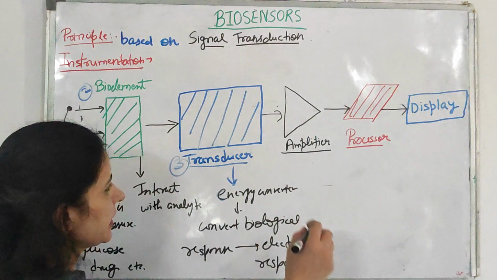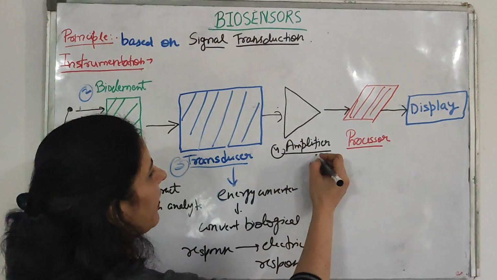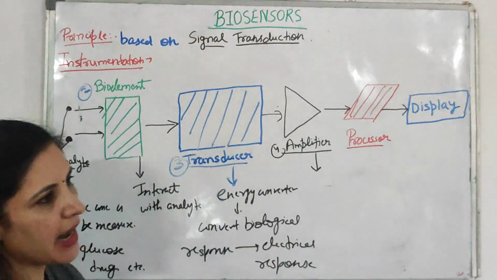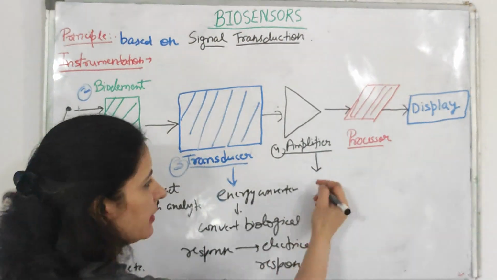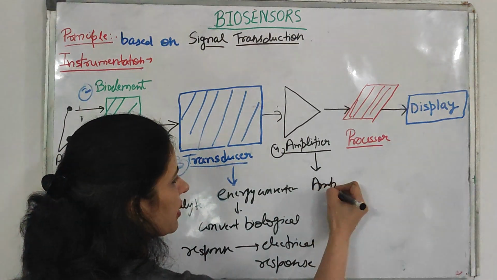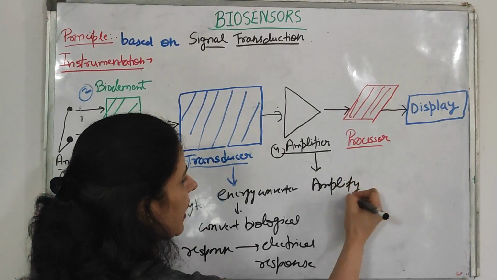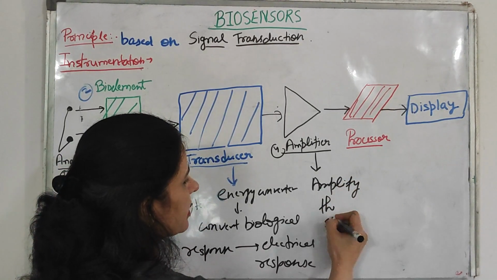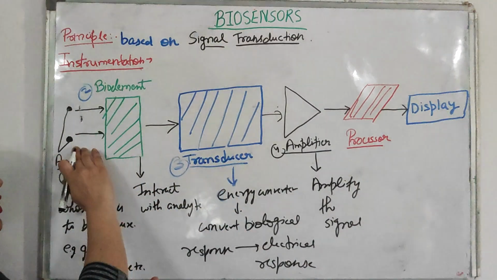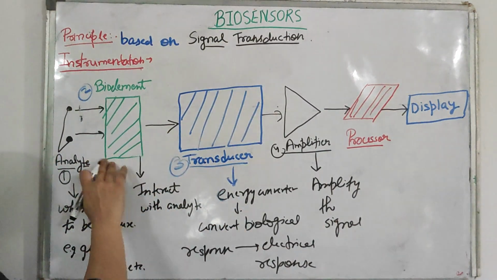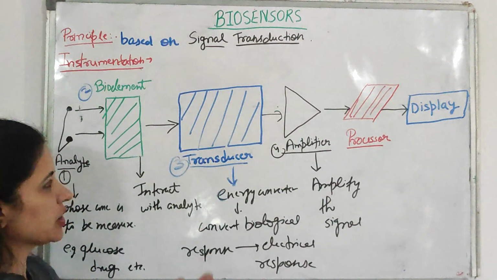All right. The next part is the amplifier. What is the function of this amplifier? As the name suggests, it will amplify the signal. So first there is an interaction of the analyte and bioelement, and a biological response is generated.